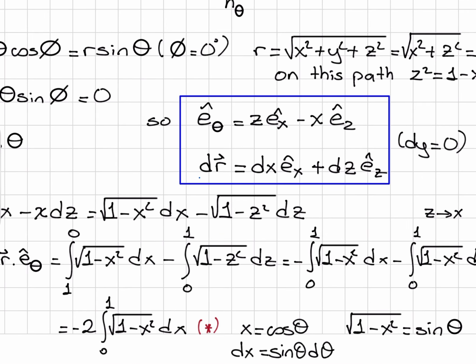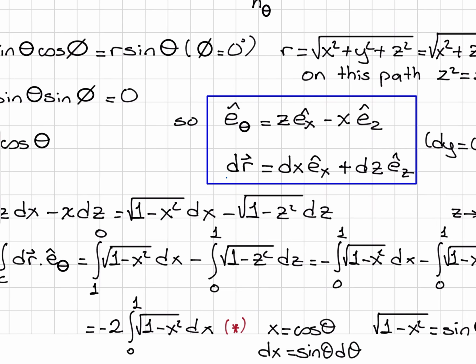So this is minus 2 times square root of 1 minus x squared dx. Then I made the substitution x equal to cosine theta, which gave me sine theta. And for the derivative here, this is where I have a mistake. Derivative of cosine is minus sine theta d theta.